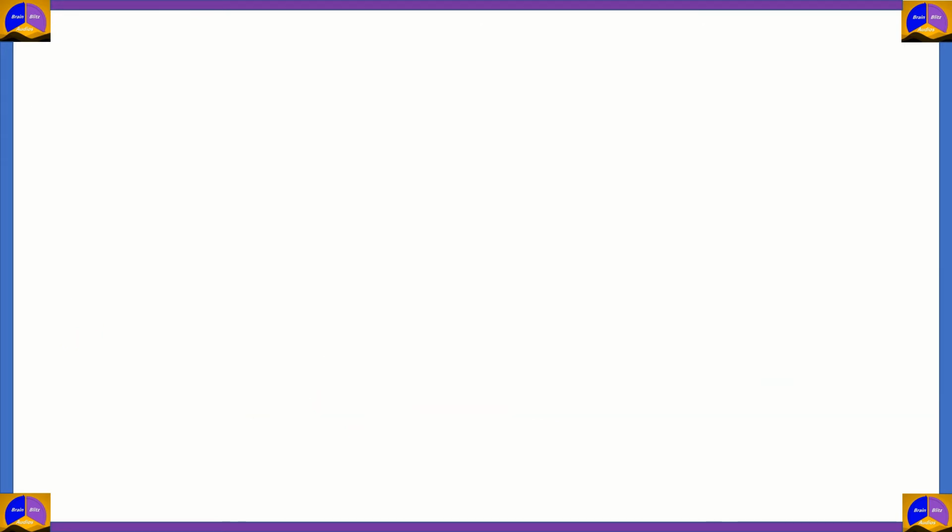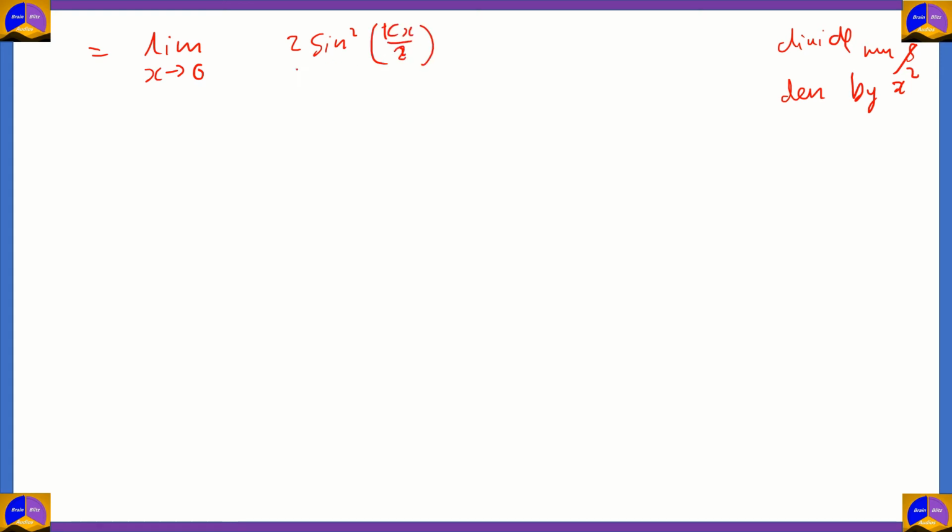Now what we do is we're going to divide the numerator and the denominator by x squared. So therefore that is limit x tends to 0 of sine square kx by 2 divided by x squared, the whole divided by x sine x divided by x squared.